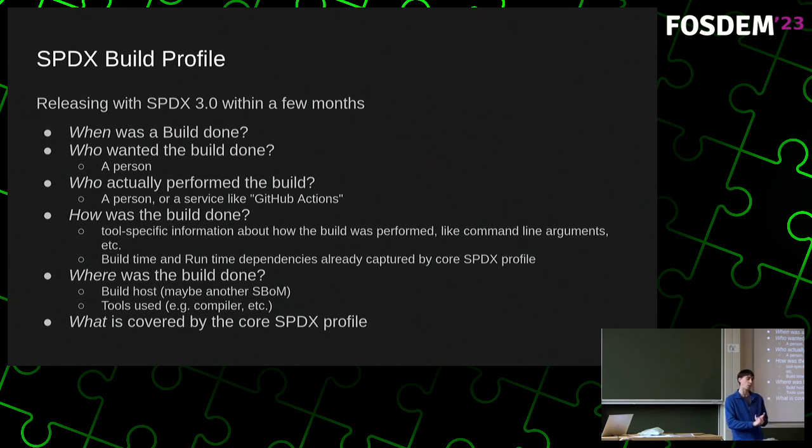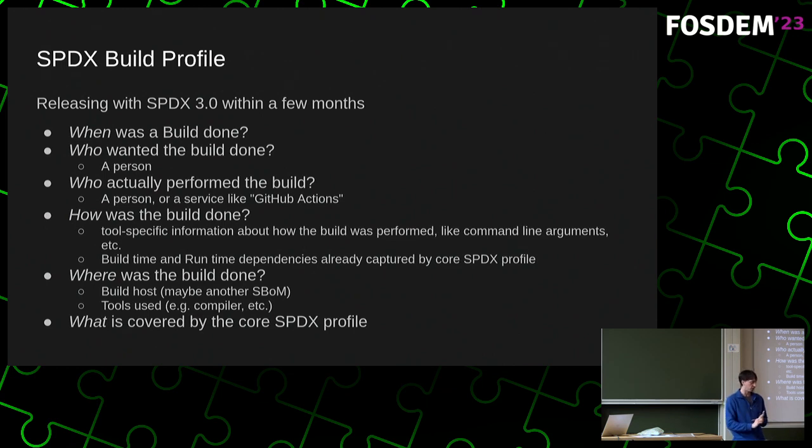And that's distinct from who actually performed the build, which could be a person if they're manually typing in the command to do the build, or it could be a service like GitHub Actions or something like that. And that's why we have two different who elements in there to distinguish between the person who clicked the button in GitHub Actions and GitHub Actions that actually did the build, or whatever your service is.